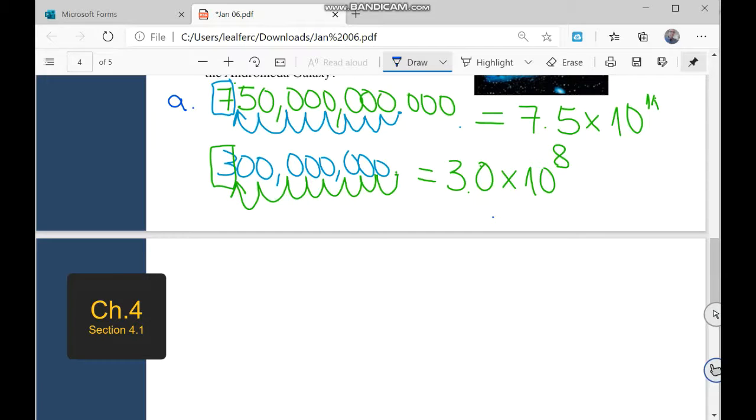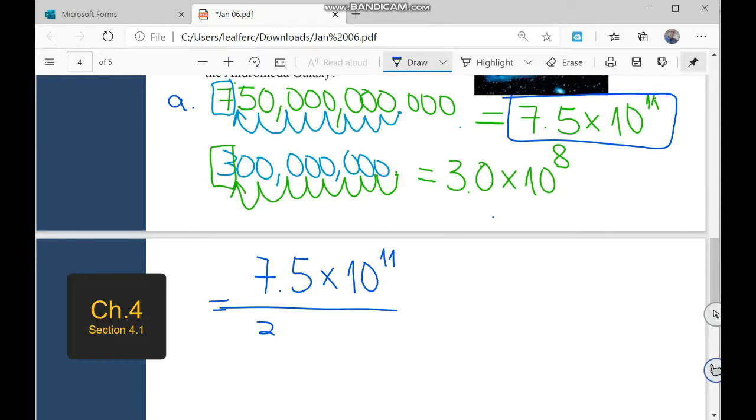So we will divide 7.5 times 10 exponent 11 by 3.0 times 10 exponent 8. This is what the question is asking.